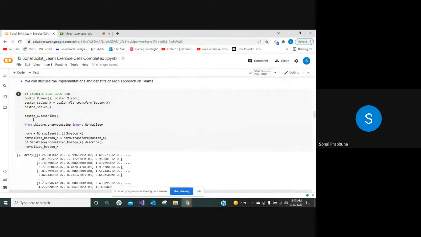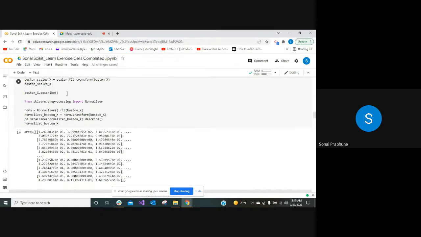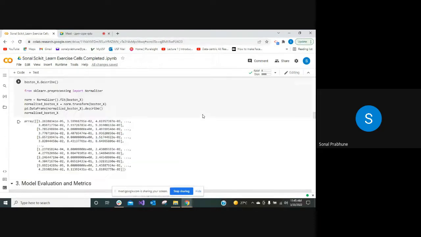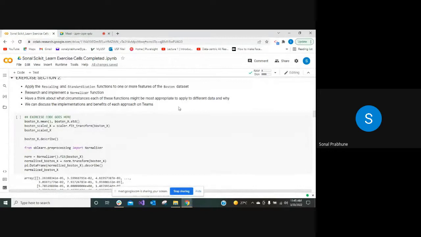This is what I've done. Here I applied the standard scaler. I did a fit transform on the inputs, and then I did a describe, and imported the normalizer and did a fit on it and transformed that data. So that was exercise 2.